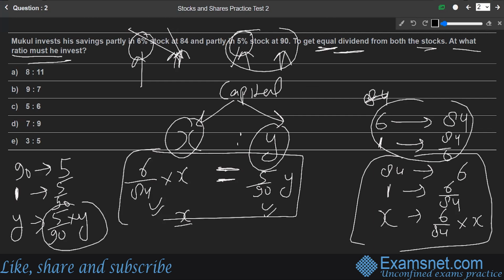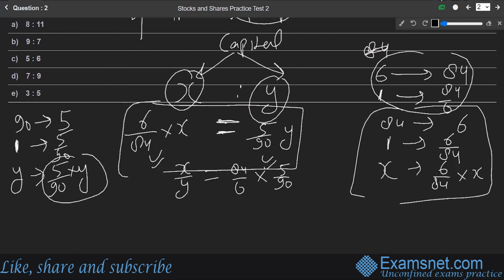So y can be brought to the denominator. x by y becomes 84 by 6 going to the other side by multiplicative inverse, and 5 by 90 was already available. Now we simply need to solve this: 84 by 90. We can cut both numbers by 6: 6 cuts 90 to 15, and 6 cuts 84 to 14.